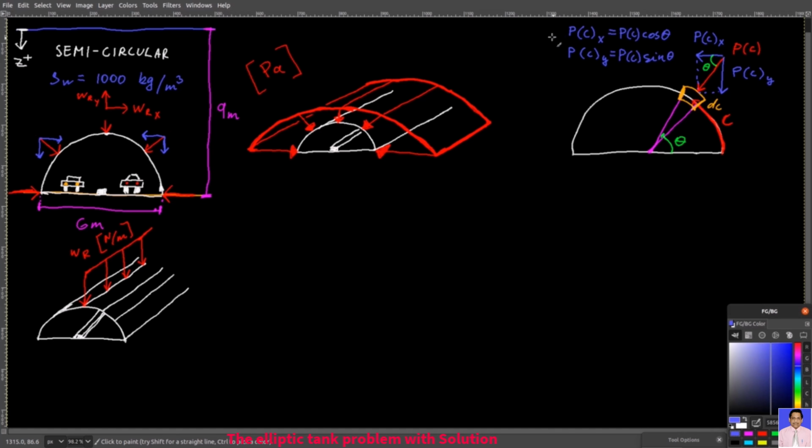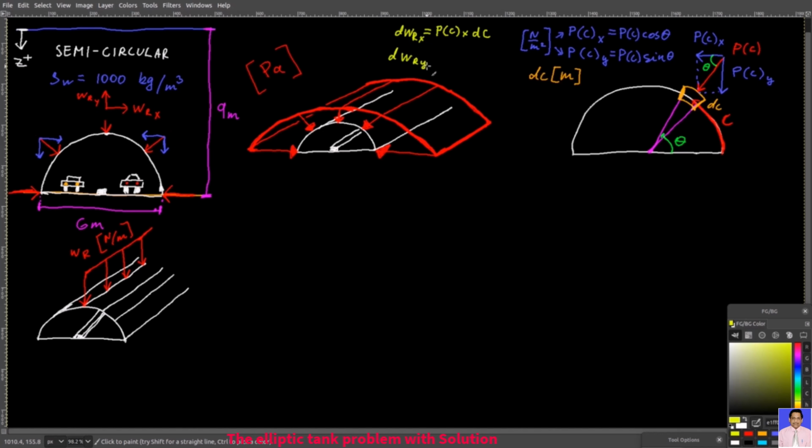And now here's the thing. Both of them are in newtons per meter squared. And then dC is simply in meters. That means that if I multiply the X component of the pressure by dC, then you will get newtons per meter squared times meters, and you will be left with newtons per meter, which means that this thing will equal differential WR in the X direction.